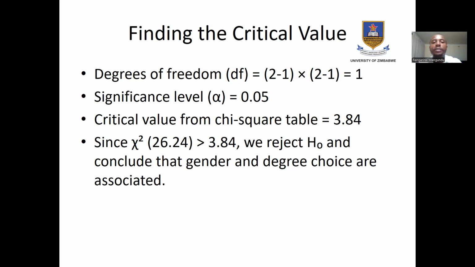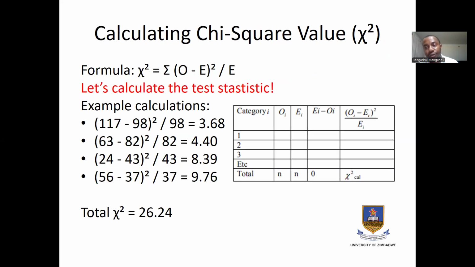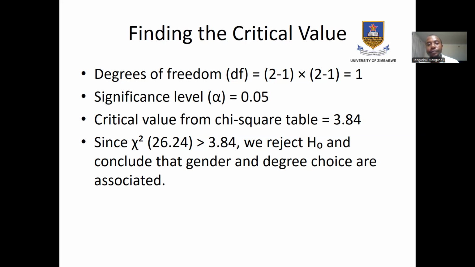Then using our chi-square tables, we grab the chi-square tables that I gave you in the last lecture and prepared for this one. It comes out to 3.84. Comparing what we calculated in the previous slide, remember we got 26.24. We now have the critical value being 3.84.